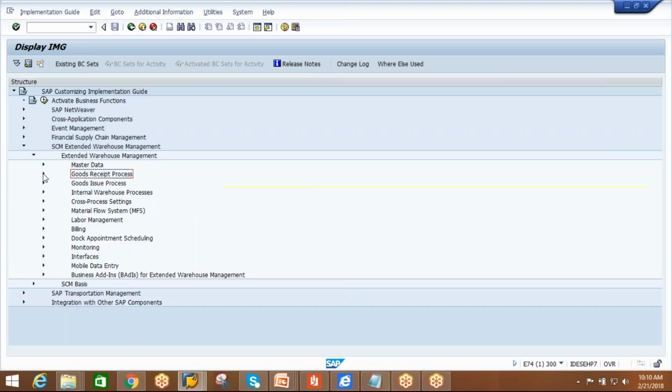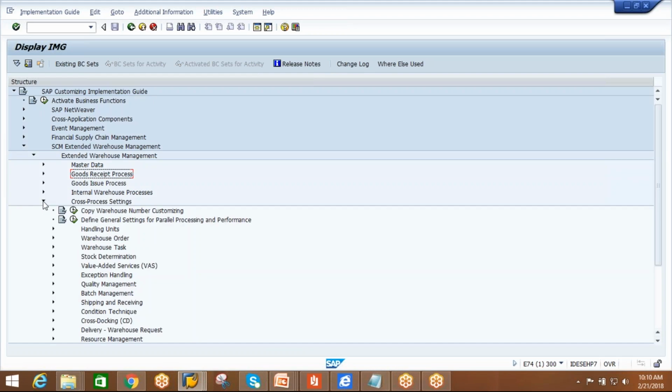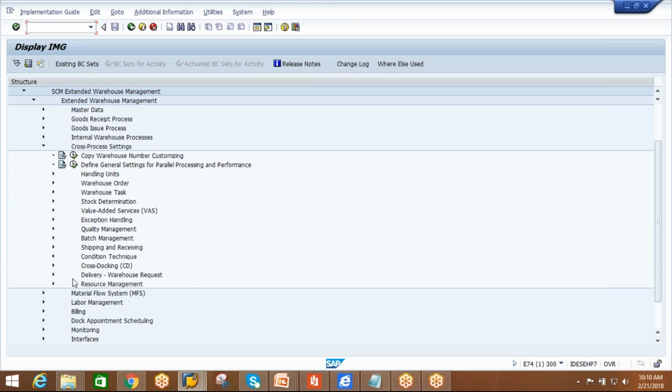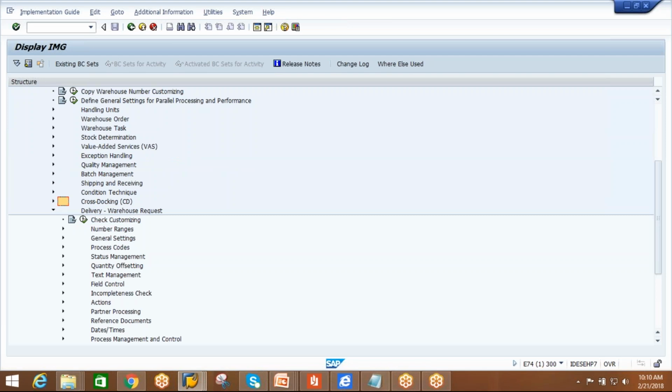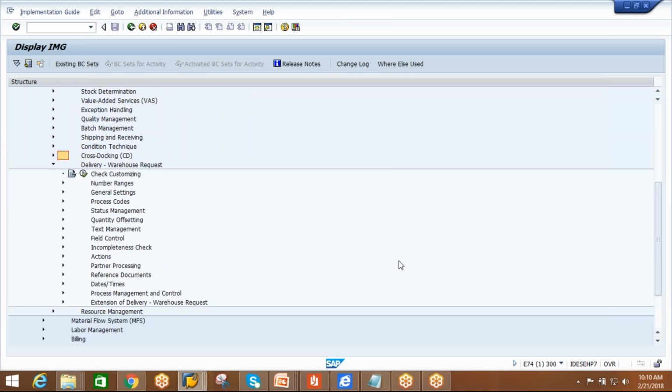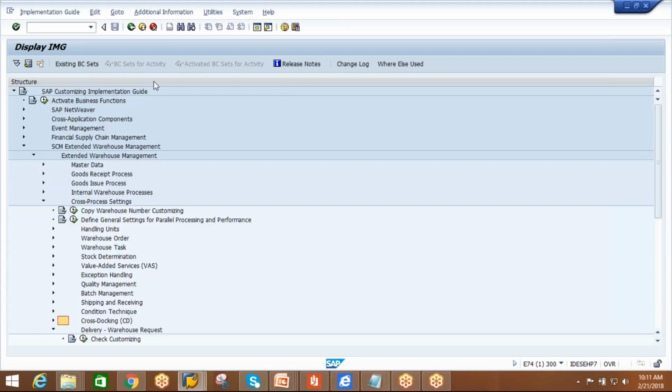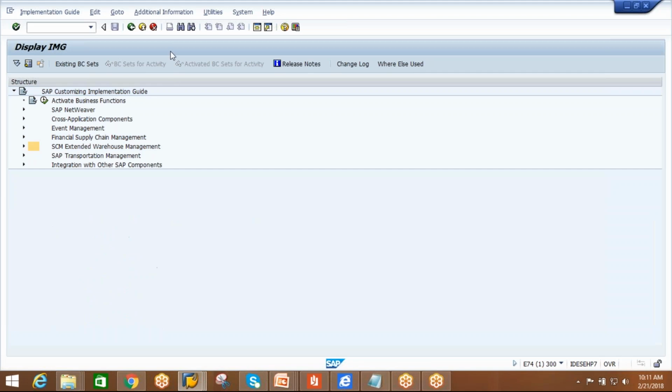For that, go to cross processing settings under delivery and warehouse requests. One sec. We need to maintain stock types. Yeah, I go with the find. Very rarely we use this.